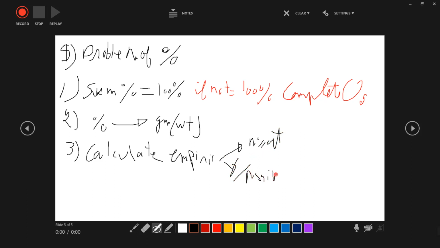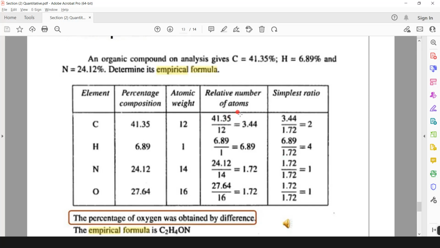Let's try to do this like we did it in the last problem. Okay, so when he tells you in any problem, now I want to calculate the empirical formula, I should first calculate the number of all atoms, weight of this atom divided by its atomic weight. Then we write a formula and we divide this formula on the possible smallest number. Let's see here what he did. Relative number of atoms, it is the number of atoms, weight of atom divided by its atomic weight.